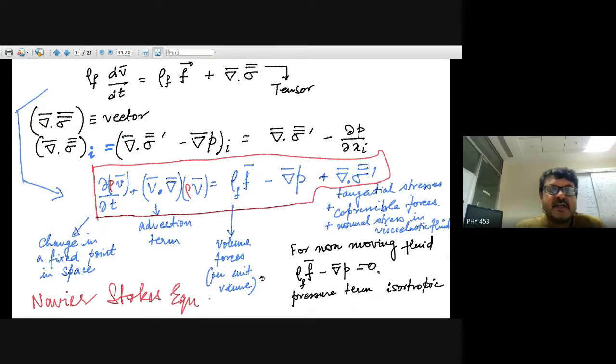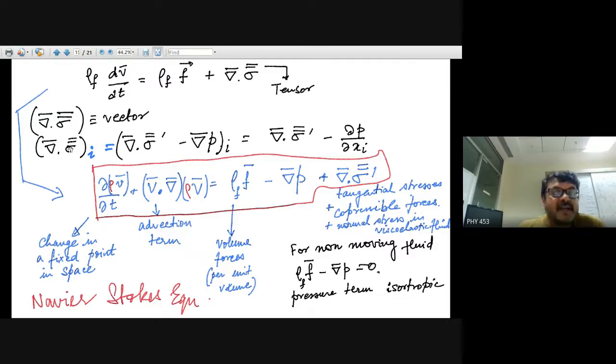So in general, we write this as rho Dv/Dt equals rho f, the body forces, plus the divergence of the stress tensor sigma. Remember, the divergence of the stress tensor is a vector.